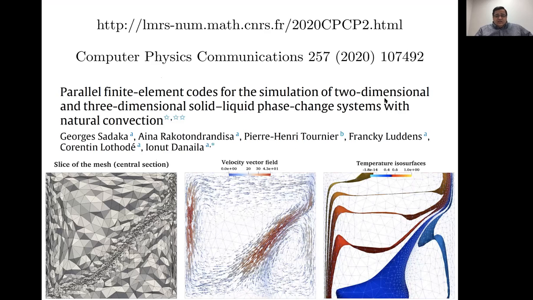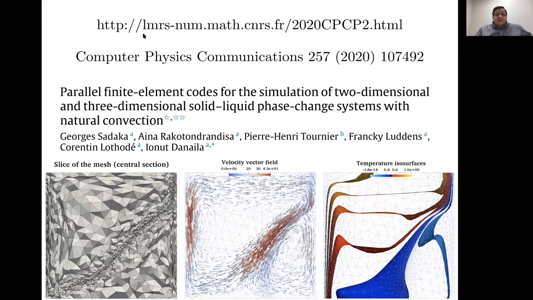So you have inside the parallelization of the code inside the toolbox. You have parallel also in 3D. You have MMG mesh adaptation. This work is done with Aina, Pierre-Henri Tournier, Francky Luddens, Corentin Lothodé, and the big chief, Ionut Danaila.